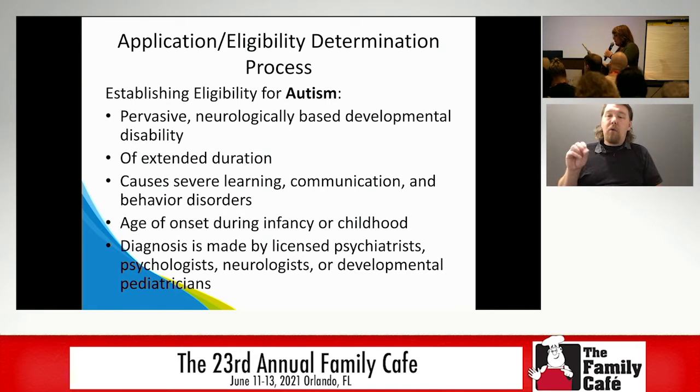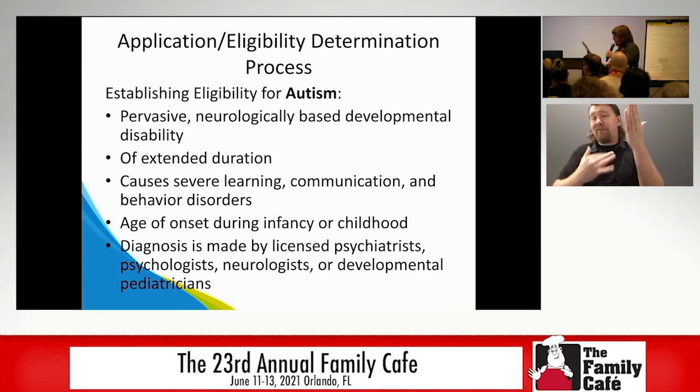For those applicants with speech, marked impairment in the use of multiple nonverbal behaviors, such as eye-to-eye gaze, facial expressions, body posture, and gestures, failure to develop peer relationships, or a lack of spontaneous seeking to share enjoyment. And the list goes on.